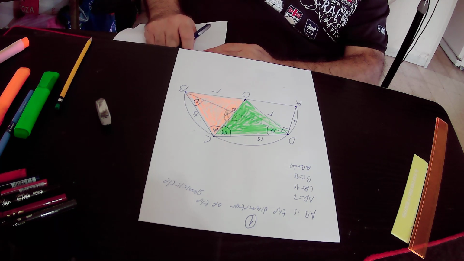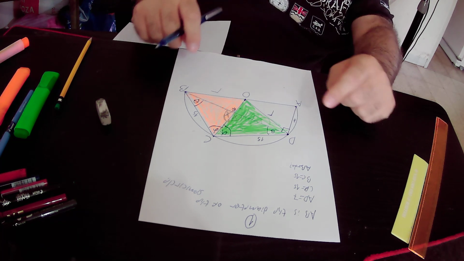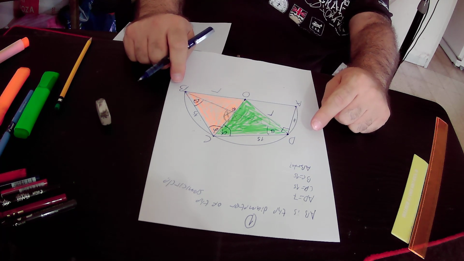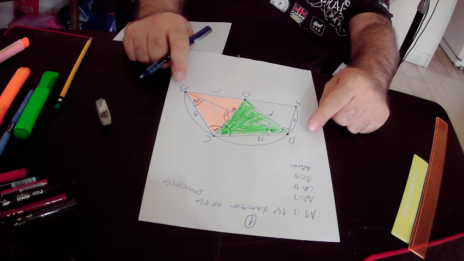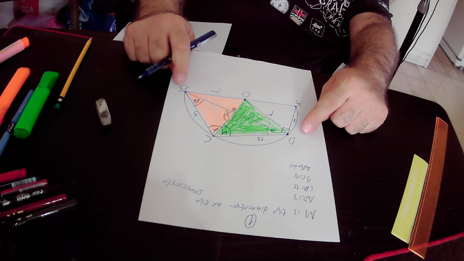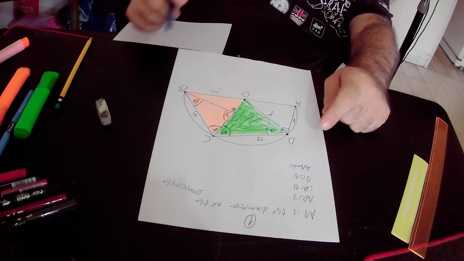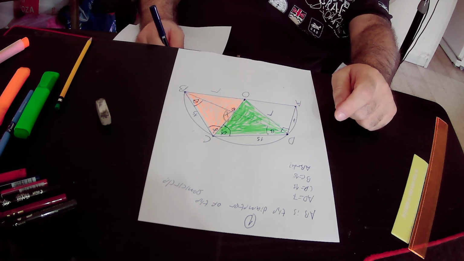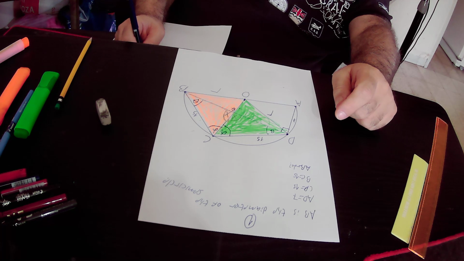And we actually constructed the chord DB. We connected points D and B by a straight line, therefore chord DB is a straight line.